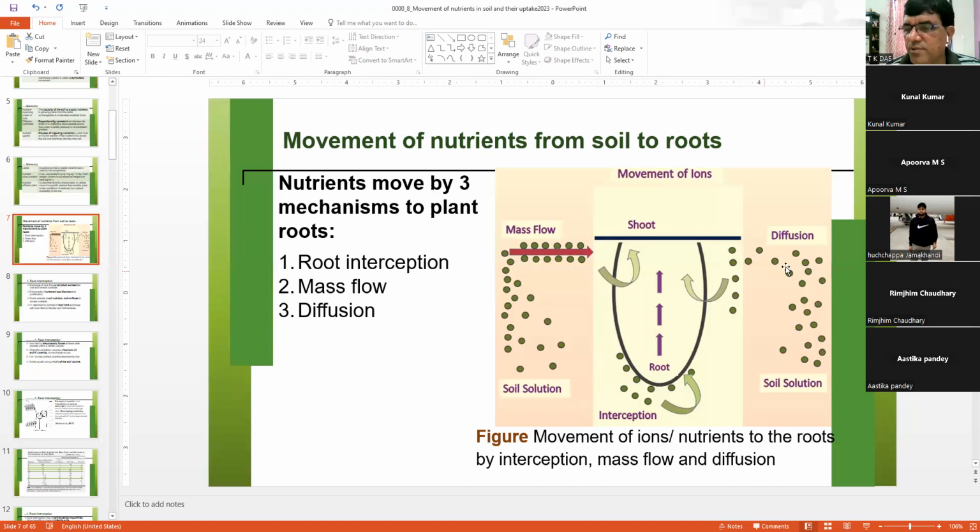And then diffusion, which is movement of nutrients from higher concentration to lower concentration. That way they are coming to the plant roots, and then they can enter the plant roots and go up for transport. Movement of ions and nutrients to the roots by interception, mass flow, and diffusion. So we'll see one by one.